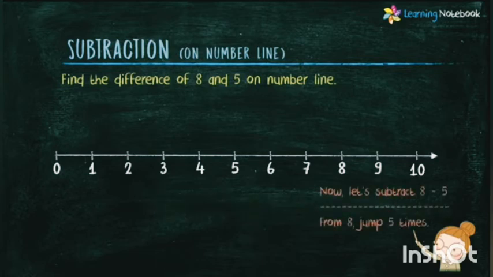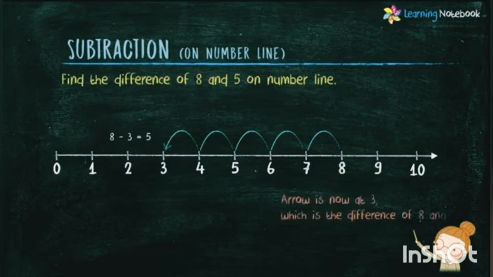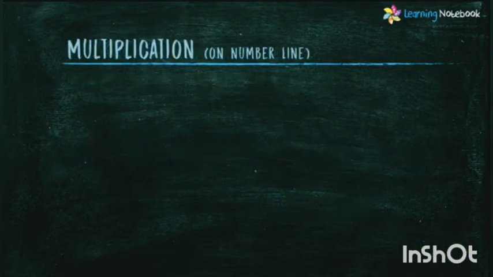So, subtract 5 from 8 on the number line. From 8 jump 5 times backward, as we need to subtract 5 from 8. Now the arrow comes at 3, therefore the difference of 8 and 5 is 3. This is how we do subtraction on the number line.